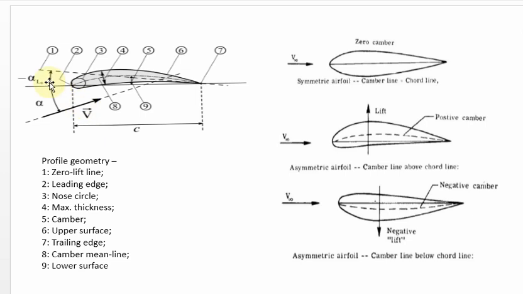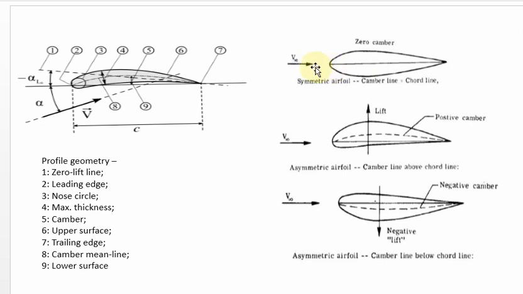Then what is the meaning of zero lift line? Zero lift line is nothing but, you see the position of your symmetrical aerofoil and the cambered aerofoil. So this may be our free stream velocity. V infinity refers to the free stream velocity. Now the new term, angle of attack.